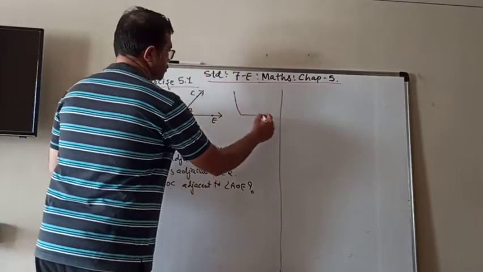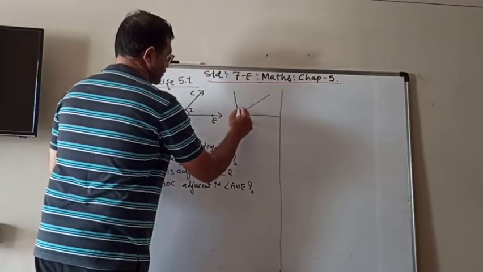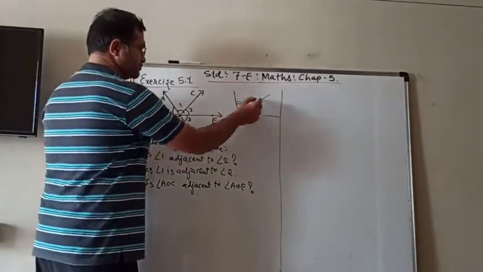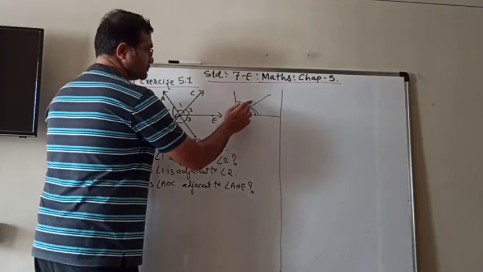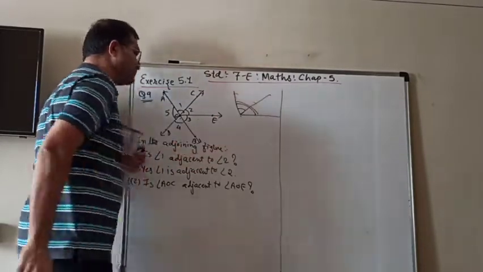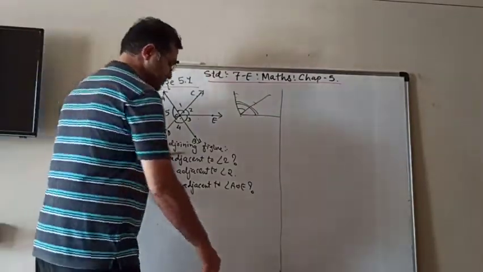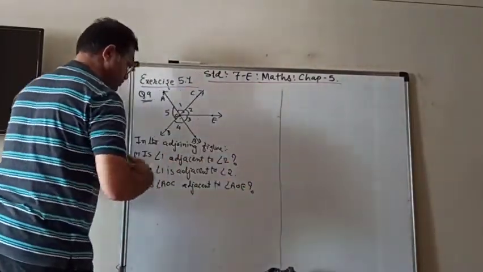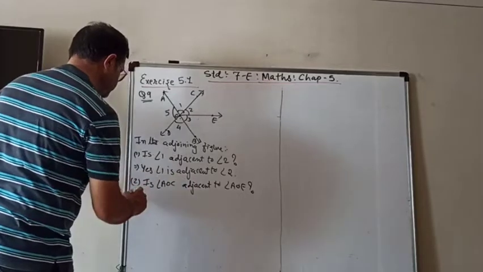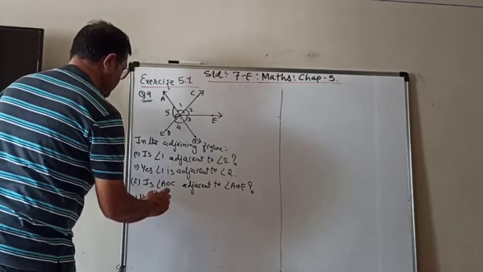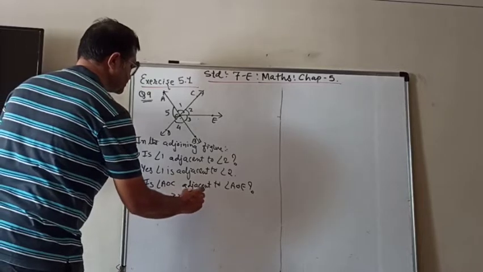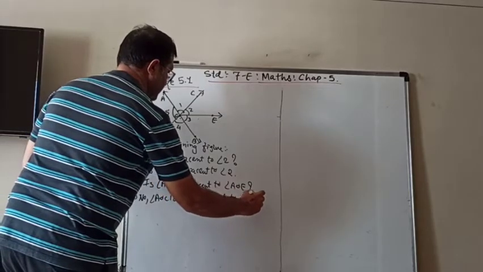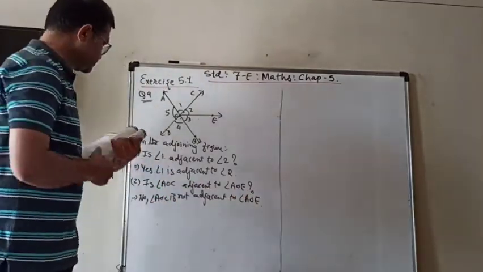They have a common vertex and a common arm also, but the non-common arms are on the same side of the common arm. So we can say that these angles are not adjacent angles. So the answer is no, angle AOC is not adjacent to angle AOE.